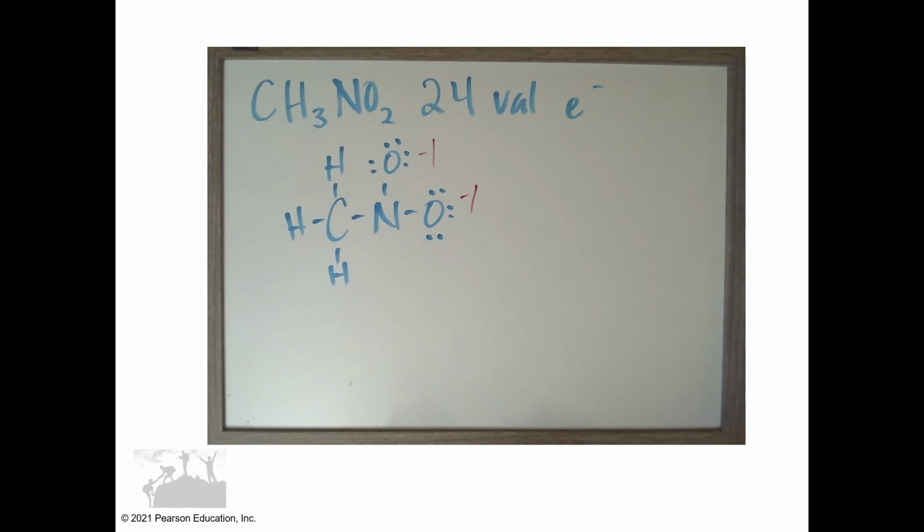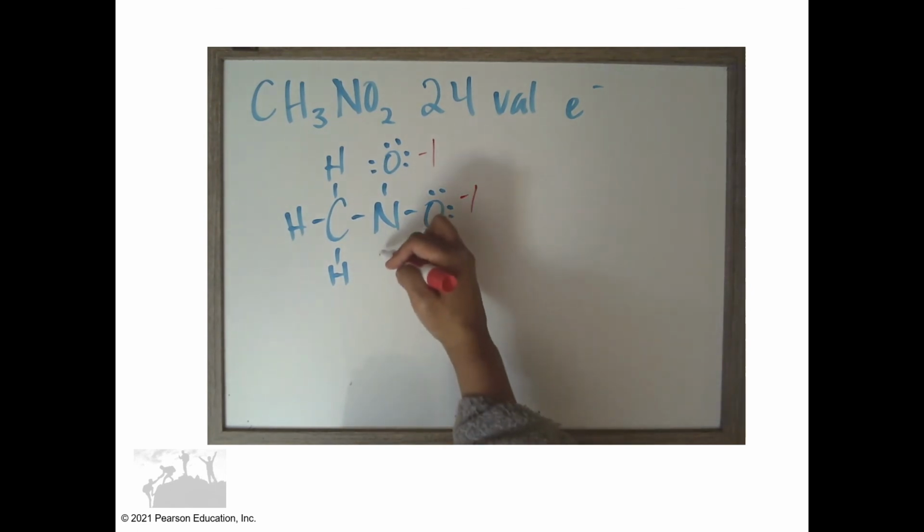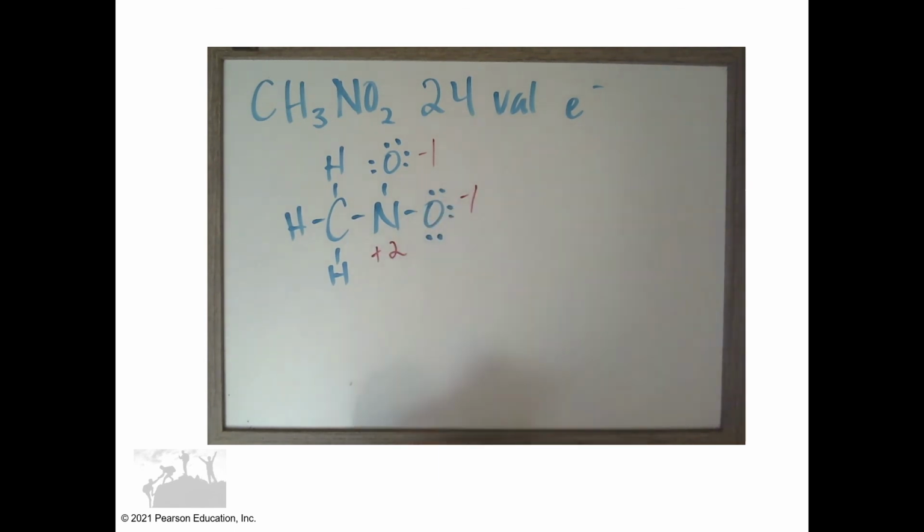So -1, -1. Nitrogen here has a formal charge of +2. Now if we add them all together, we come up with 0, and that should make sense because we have a neutral molecule. But look, we have a problem.